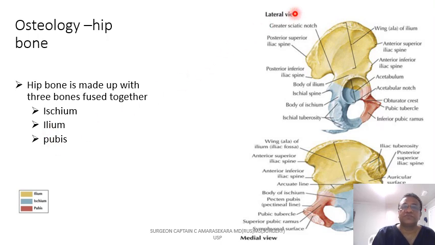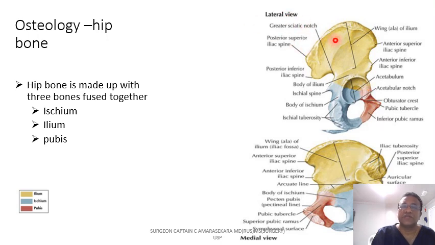The ilium is colored in yellow. You can see this is your ilium, this in ash color is your ischium, and this is your pubic bone. These three bones fuse together in the acetabulum.